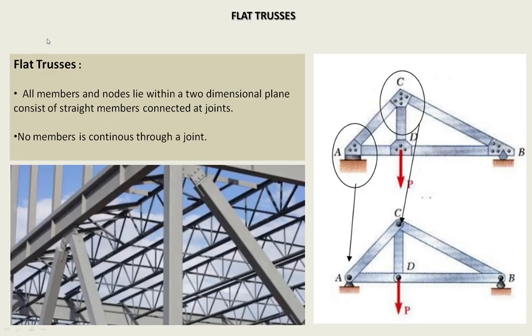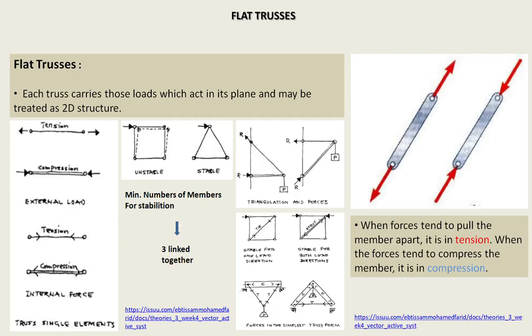Flat trusses: all members and nodes lie within a two-dimensional plane, and consist of straight members connected at joints. No member is continuous through a joint. Each truss carries those loads which act in its plane and may be treated as a two-dimensional structure.